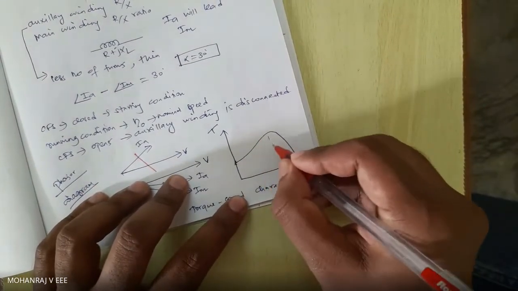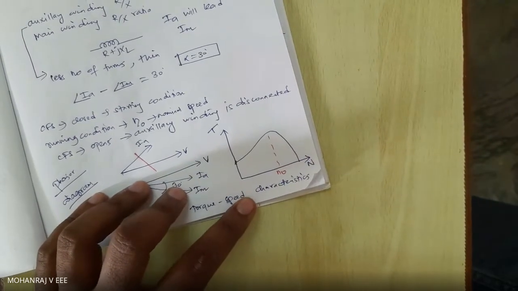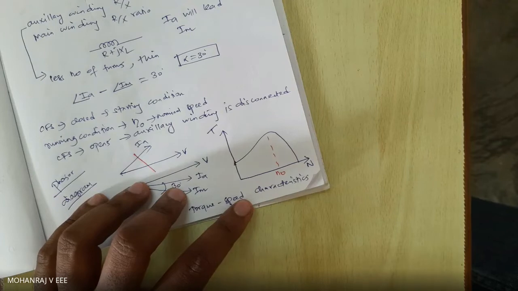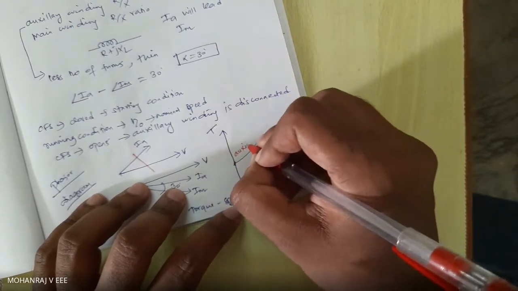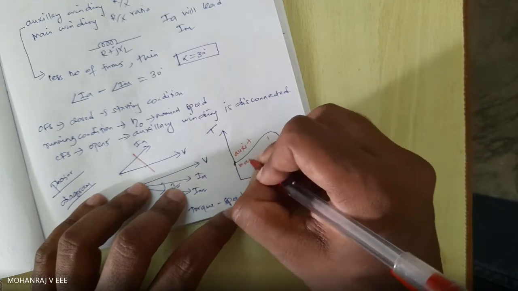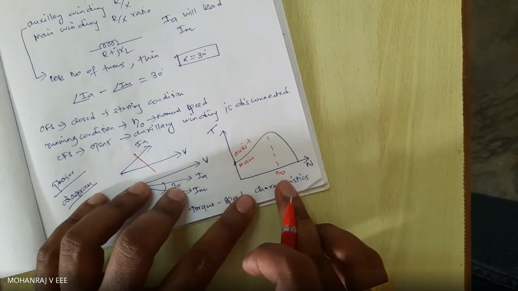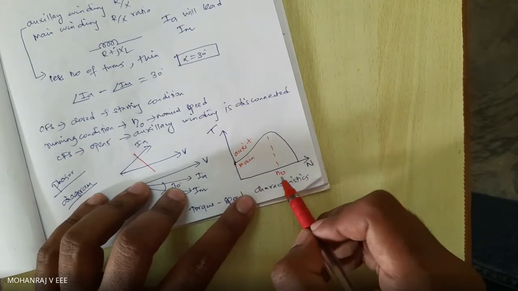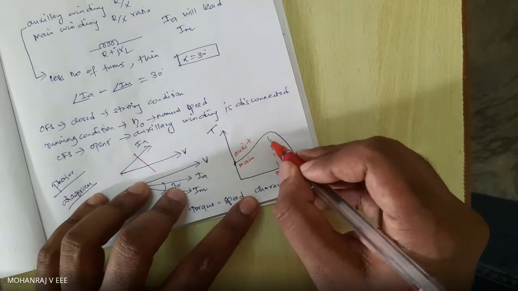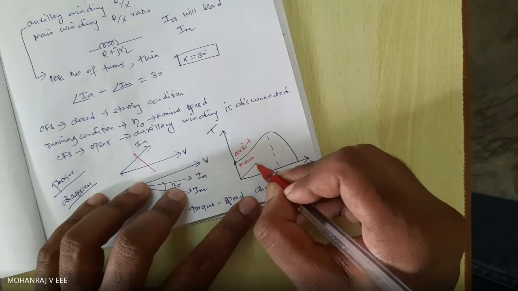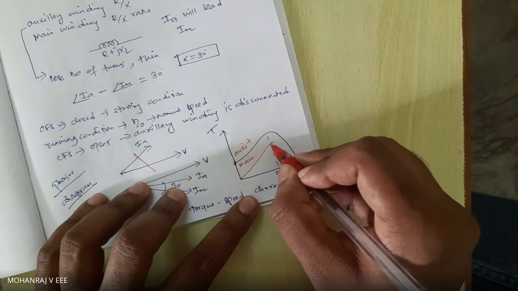Now when I reach N0 speed, till N0 I will have auxiliary winding plus main winding. But when the motor reaches N0, you will have main winding alone.